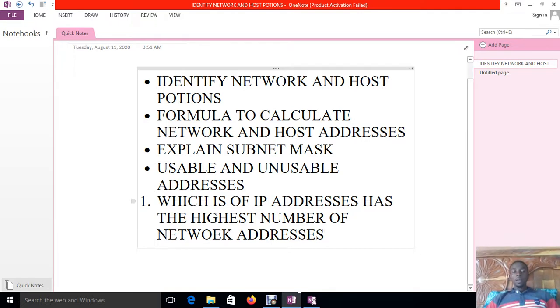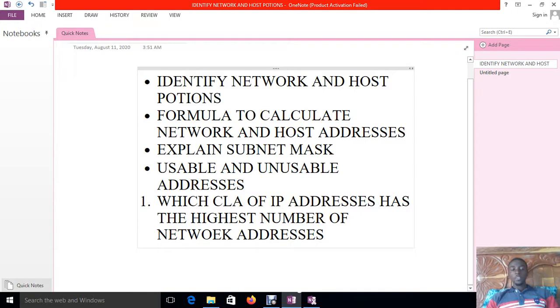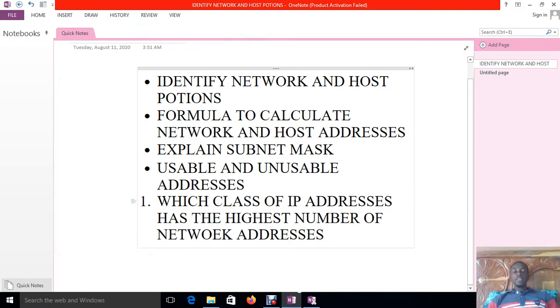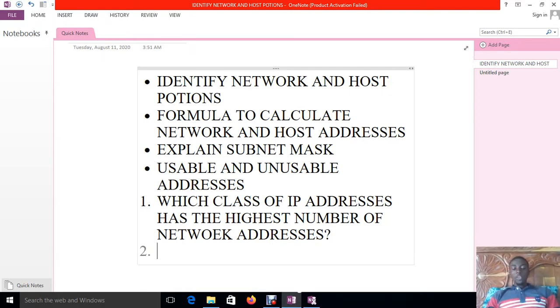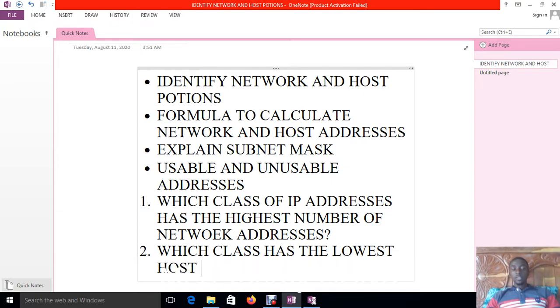I'm saying which class of IP address has the highest number of network addresses? Now you have to explain, you have to tell me. And which class has the lowest host addresses?